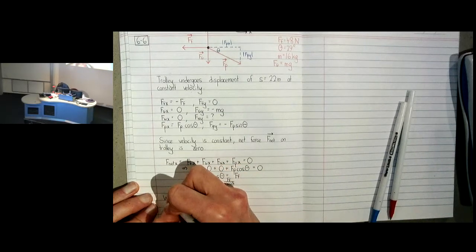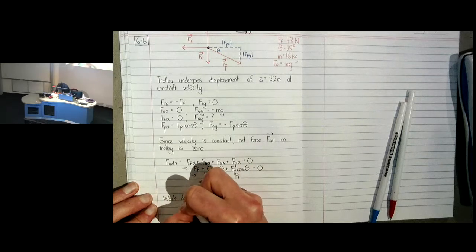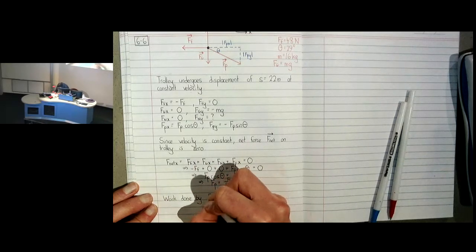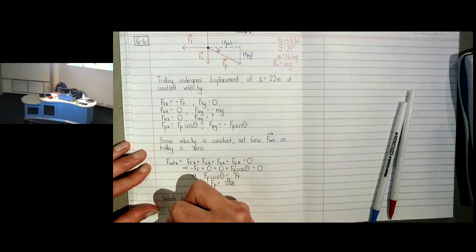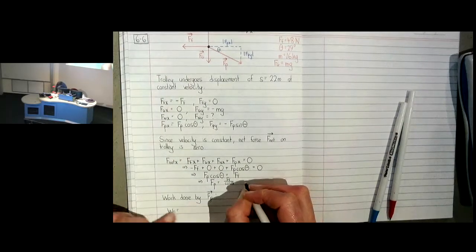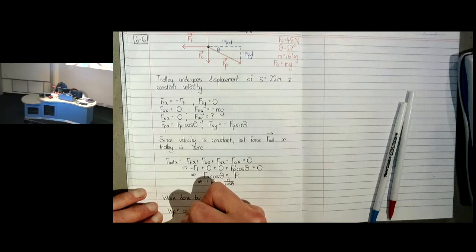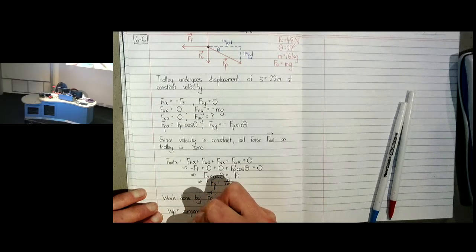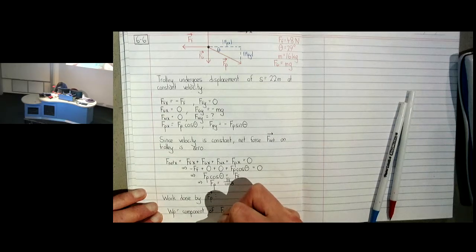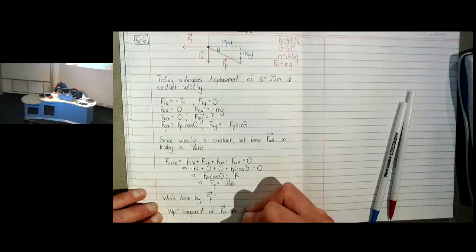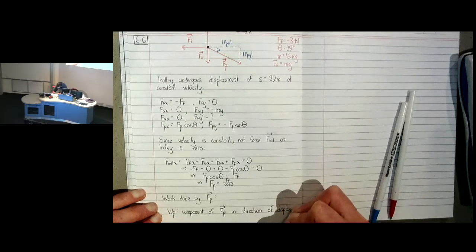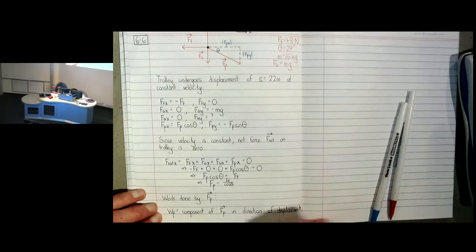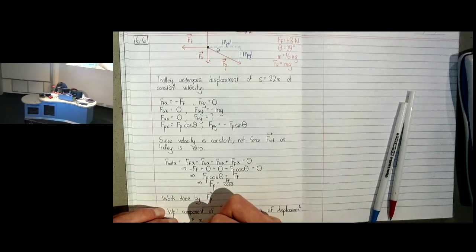So work done by pushing force is going to be equal to the component of the pushing force in the direction of the displacement, times the magnitude of the displacement.